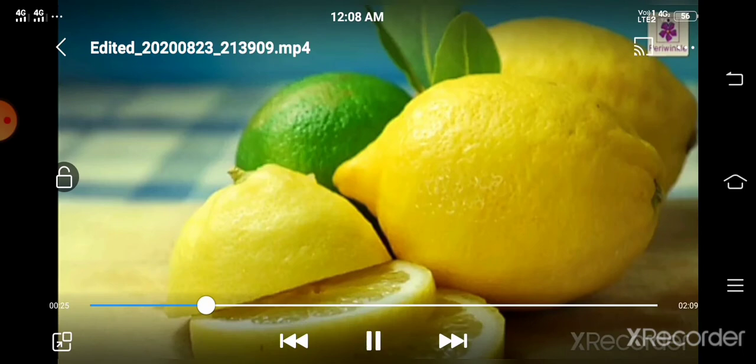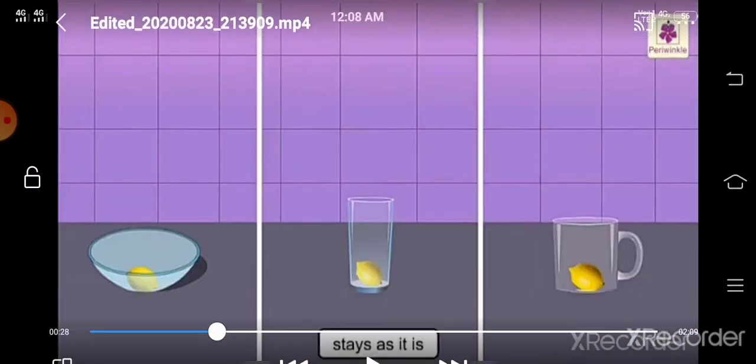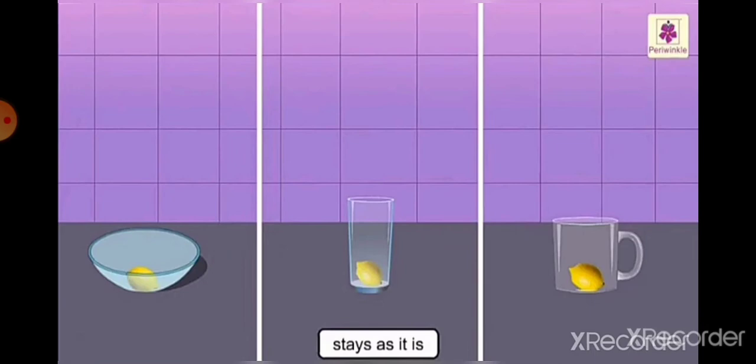What are solids? Solids have a definite shape and stay as they are, right? You can see the lemon kept in a bowl doesn't change its shape. The lemon kept in a glass again doesn't change its shape.